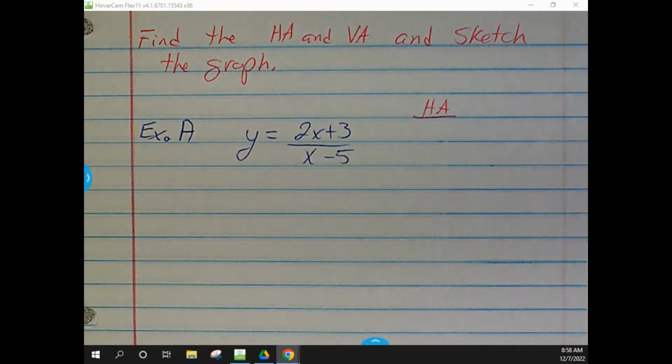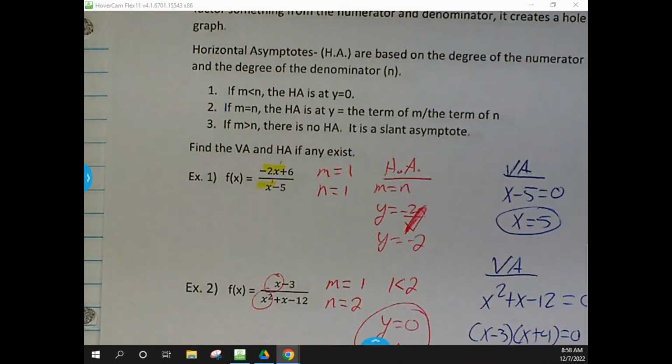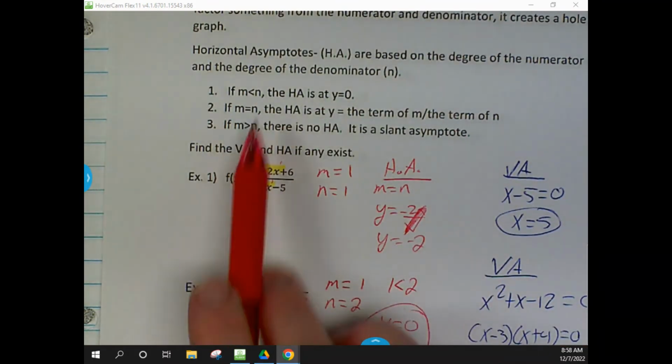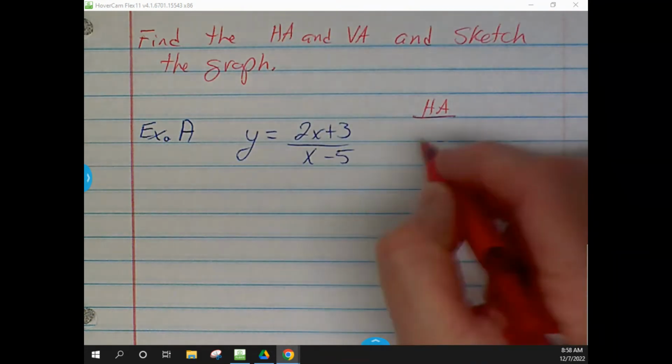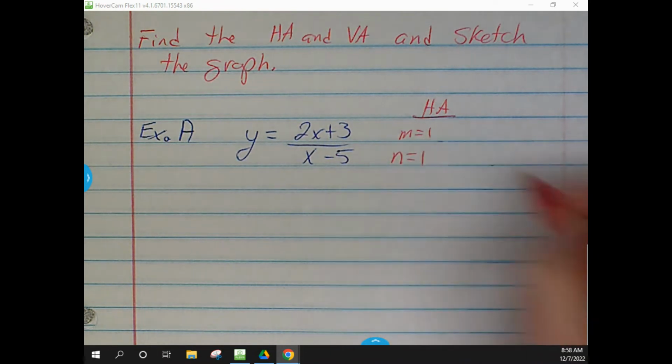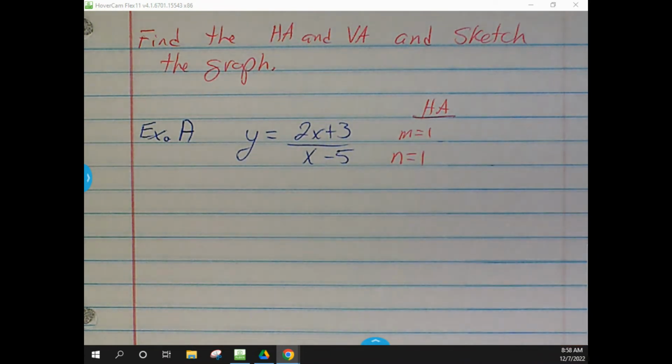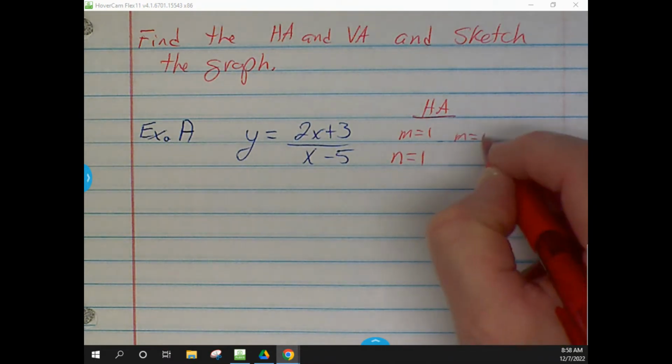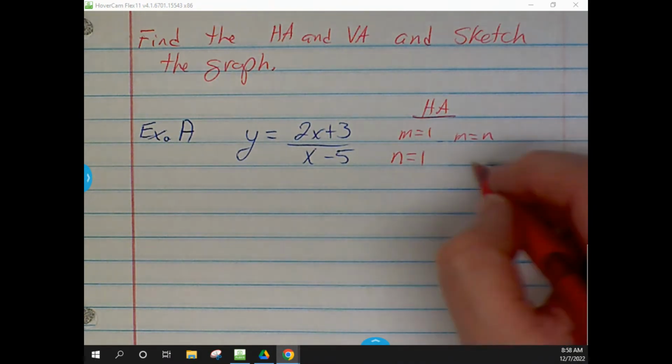Okay, again, for horizontal asymptotes, that's where we're going back to this part where we compare the degrees of the numerator and denominator. So this one, numerator is degree 1. Denominator, also degree 1, which means they're both equal, because 1 equals 1.